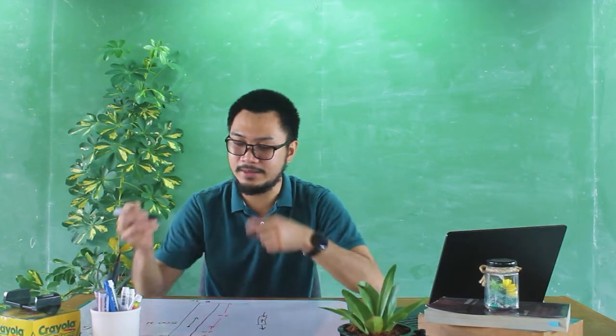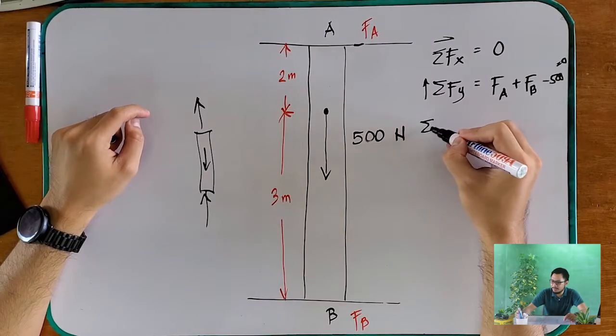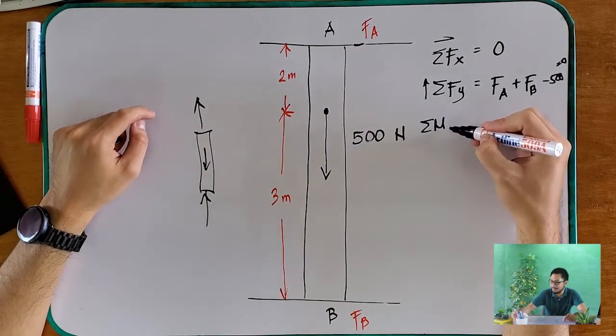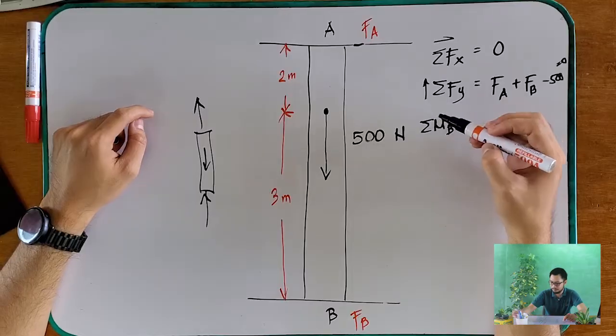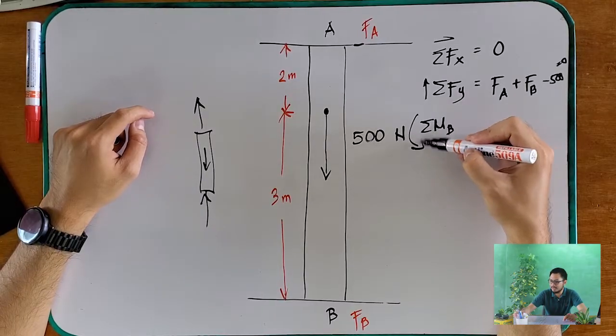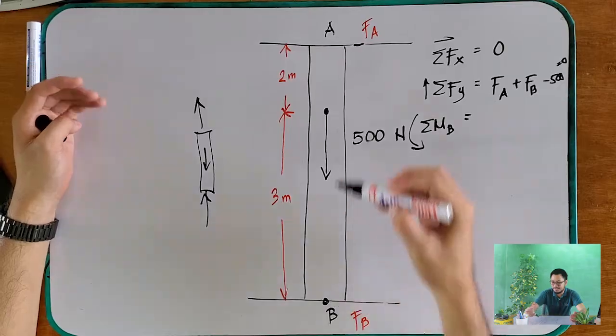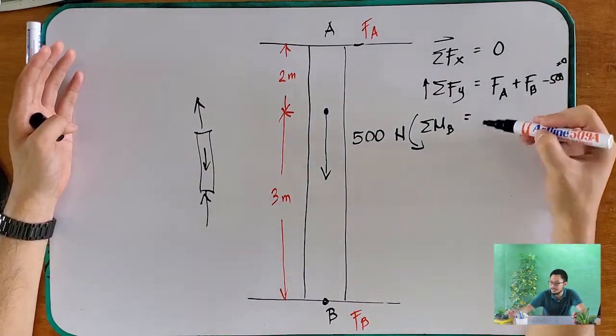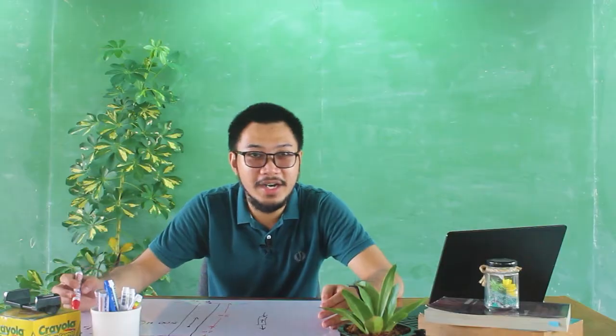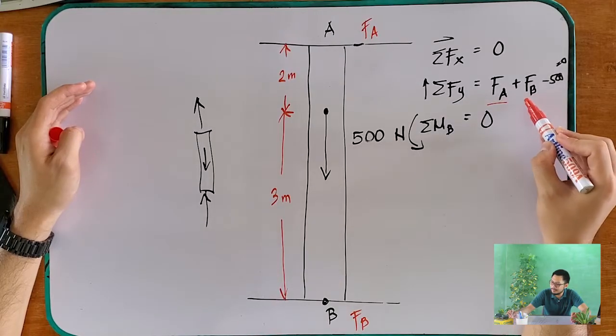How about your moment? Summation of moments. Let's say we take moments at point B. Counterclockwise is positive. Can we create a moment here? No, because we take the moment here and then we don't have any moment arms. So, this is also 0. As you can notice on our equilibrium equations, we have on our summation of Fy 2 unknowns.